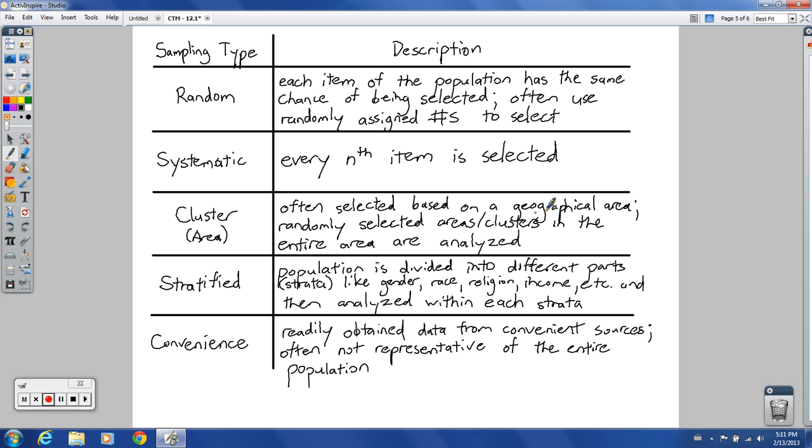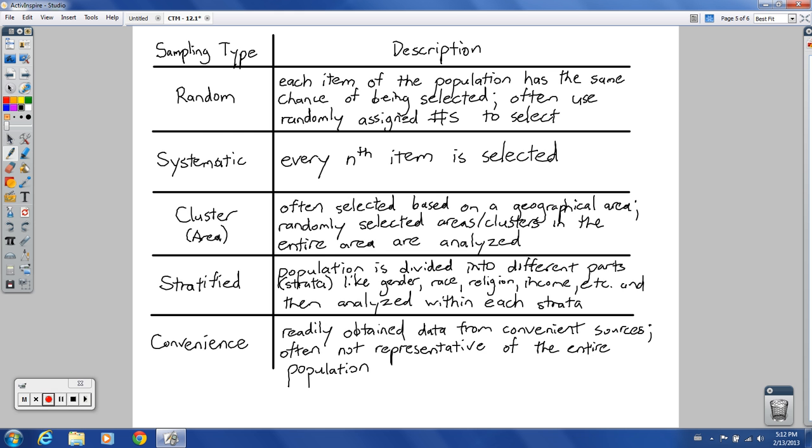So you're selecting a geographical area. It doesn't have to be geographical, it just could be a certain area of the whole thing that you have. Maybe you have a massive pile of books right now, and you just pick a couple different areas from that pile and you just select from there.